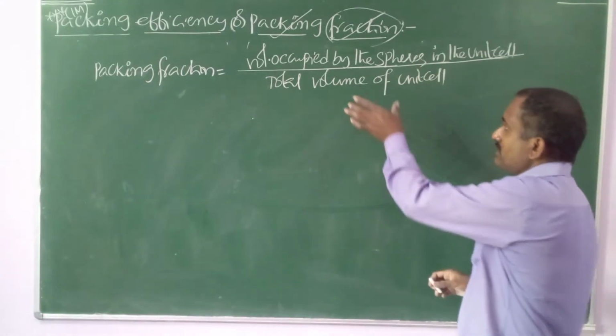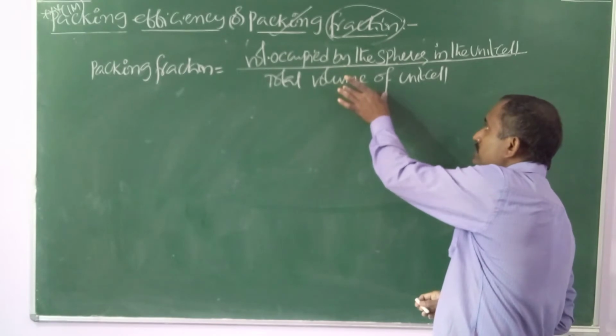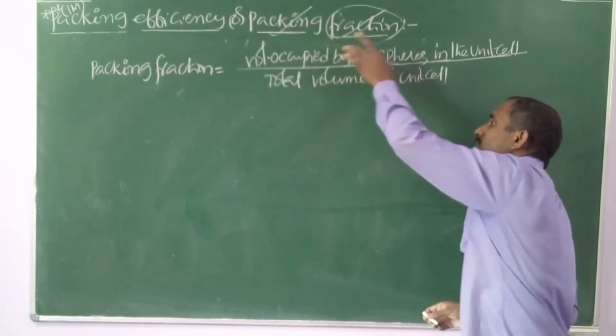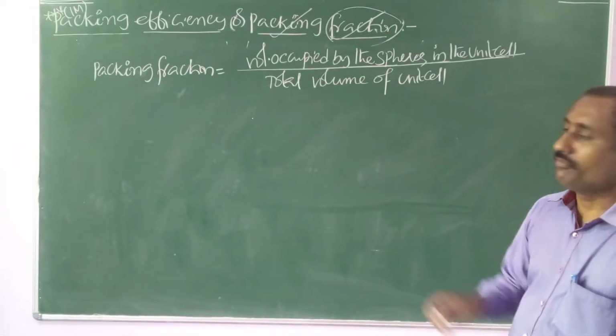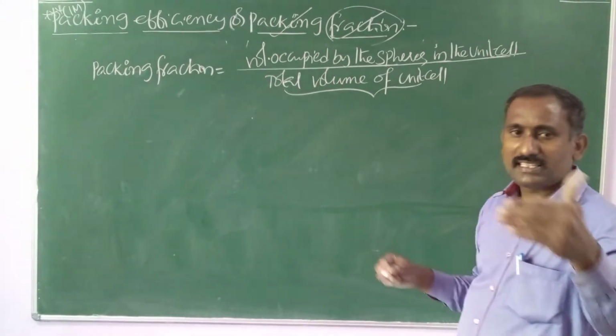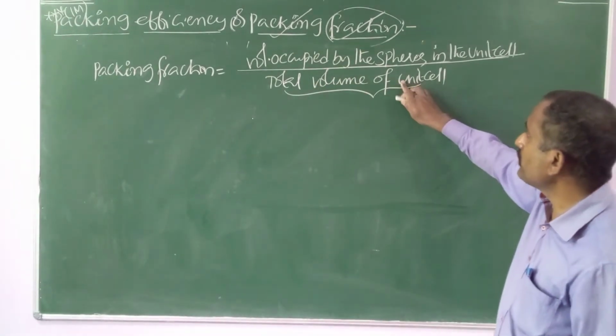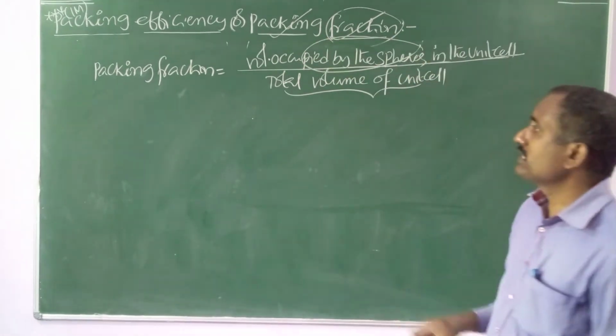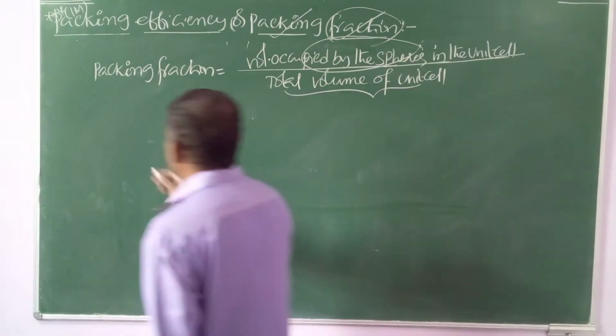The spheres are nothing but constituent particles. The unit cell, as already discussed, is the smallest repeating part of the crystal lattice. So packing fraction means, in the total volume of the unit cell, how much volume is occupied by the spheres. It is in the form of a fraction.